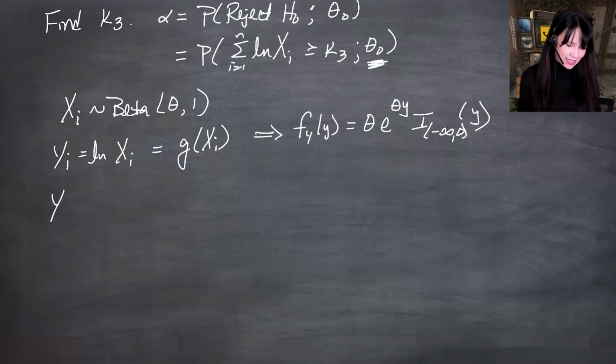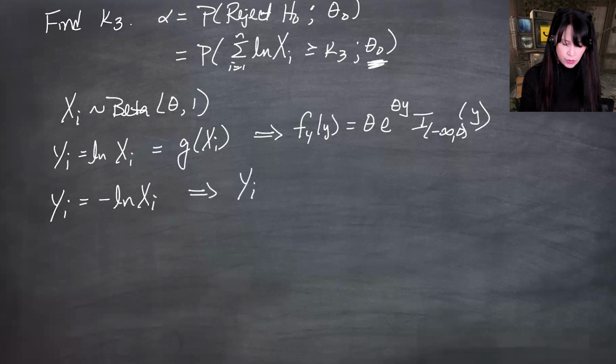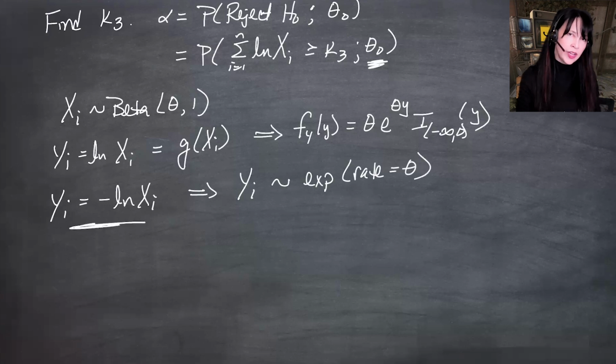So instead, if I let Yi be the negative log of Xi, we can go through the same procedure and we'll get that the Y's are IID exponential with rate theta only after I've defined it properly with a negative.